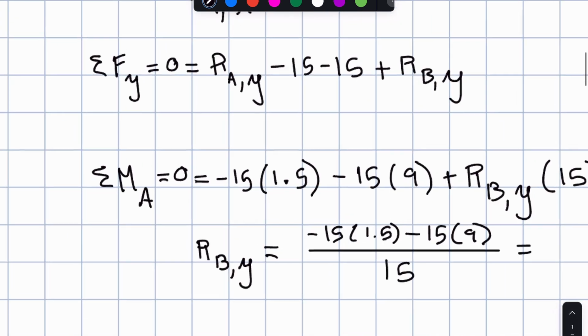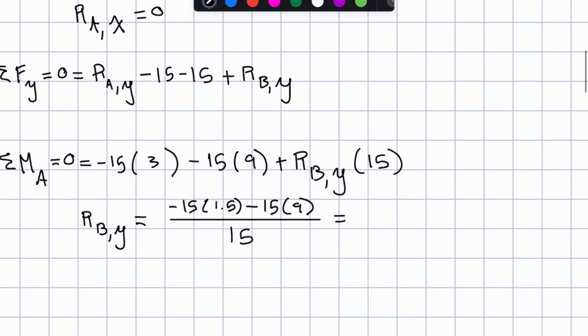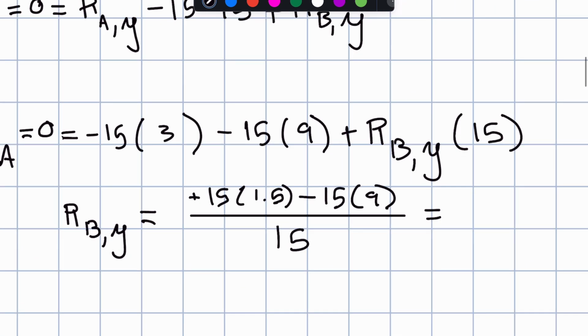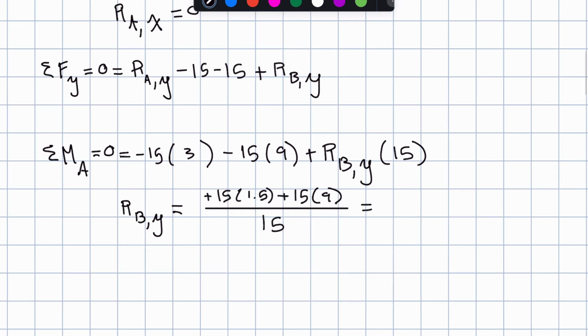So this 1.5 right here should be 3. I don't know why we did that like that. And then these should actually be positive because in algebra we moved them to the other side. So after that mistake, we have that recovery though. This comes out to 12 kips, and it comes out positive because we assumed the correct direction, which is upward.